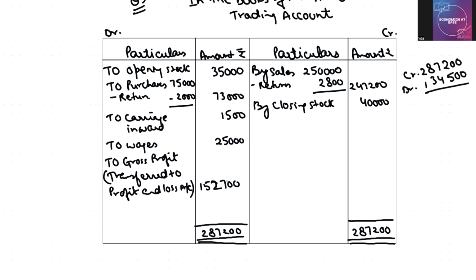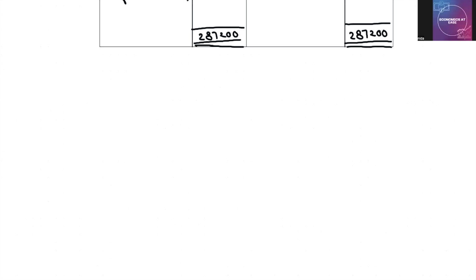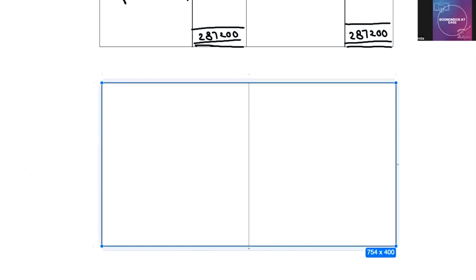Now I have to prepare the profit and loss account. Again, we are going to prepare it here. Same kind of columns. In all of them the columns will be of the same kind. Okay, remember this. Particulars, amount rupees, debit and credit.